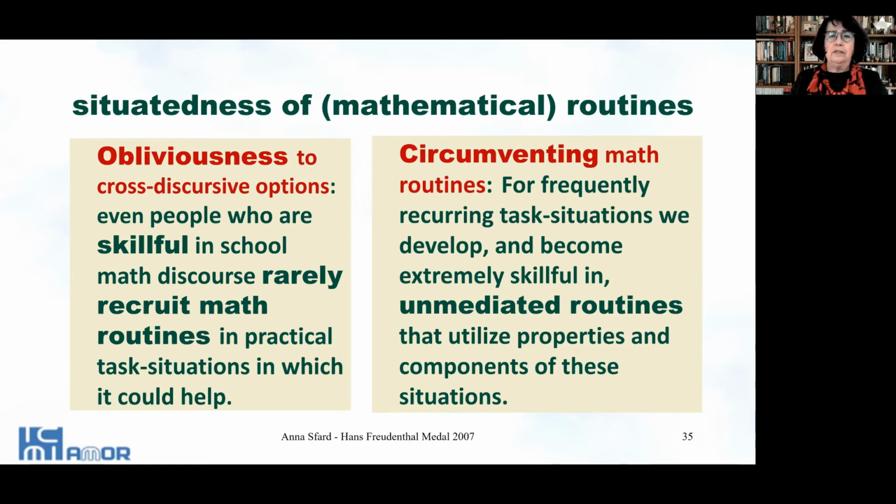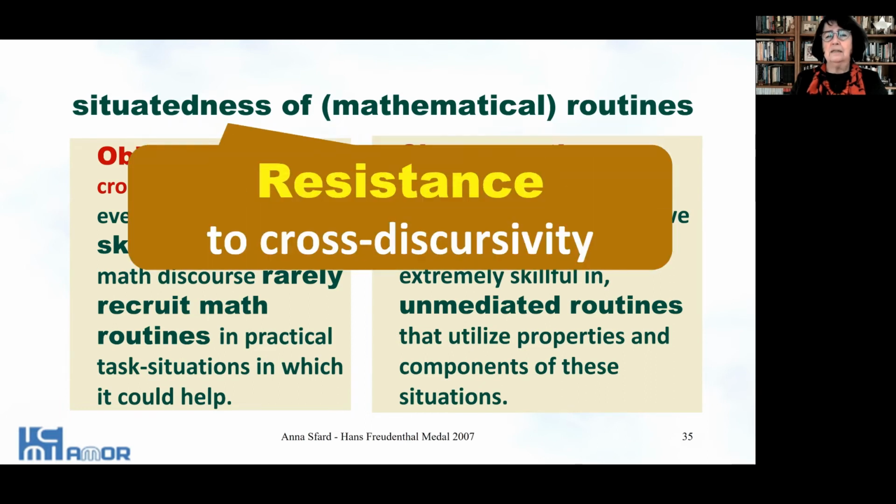Both our obliviousness to cross-discursive options and our tendency to circumvent math-mediated routines can now be summarized as manifestations of our being quite resistant to the option of cross-discursivity. We rarely reach from our current discourse to discourses on other types of objects. For instance, from the discourse on physical objects that you buy in the supermarket to the discourse on numbers.